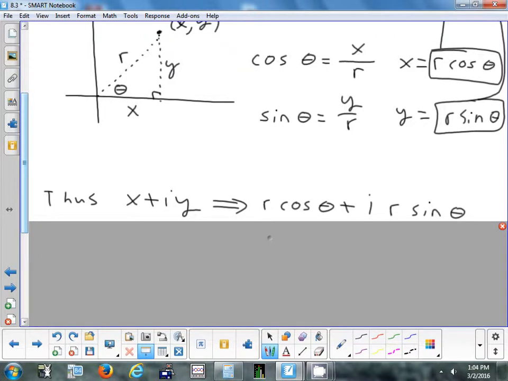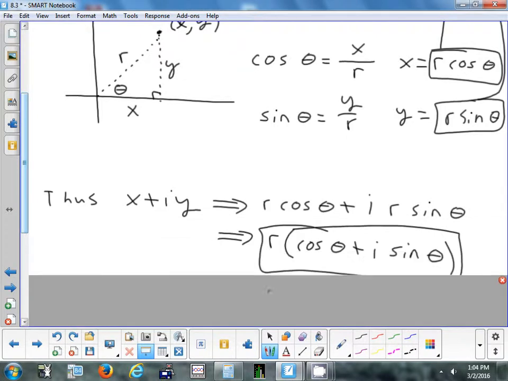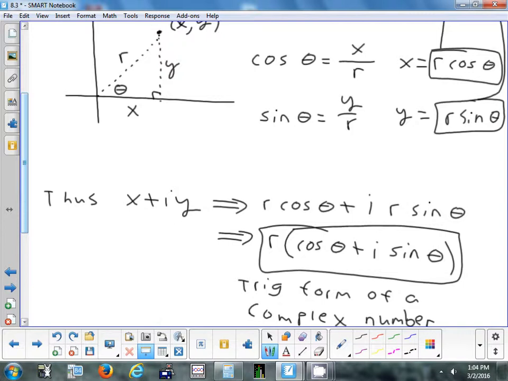Besides the argument, what do both of these terms have in common? An r. When two terms have something in common, what can you do with it? You can take it out. Yep, we can factor it out. And that's how we write the trig form of a complex number. It's r, and then in parentheses, cosine theta plus i sine theta.